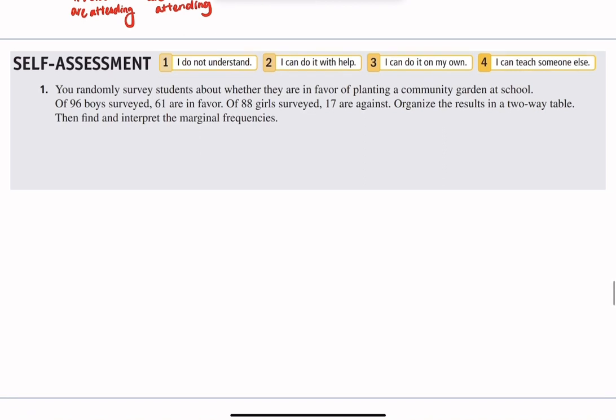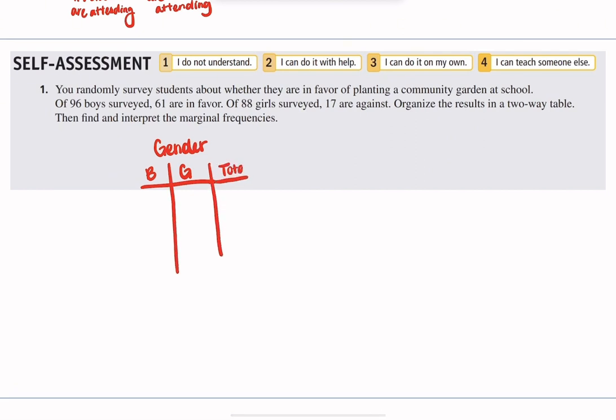Okay, for this problem, you should have split your two-way table into the two categories of gender, so boy and girl, and their opinion on planting a garden. So in favor or against.